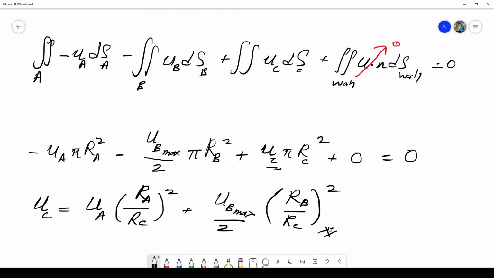So this is how we determine the velocity at any station within our control volume by using the continuity equation in the integral form.